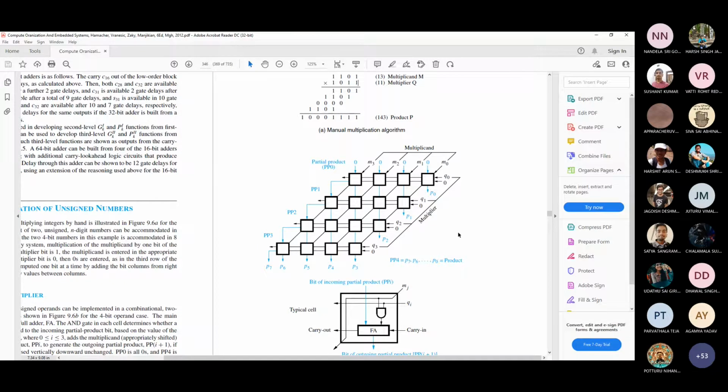Let's assume that every block has tau amount of delay. This is tau. So this one will be tau plus 2 tau. This one's maximum path is 2 tau. So this will be 2 tau.